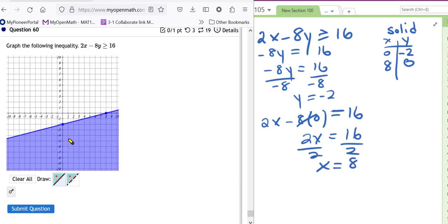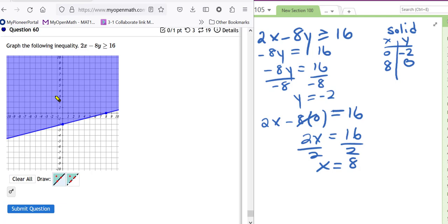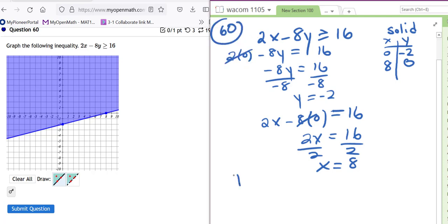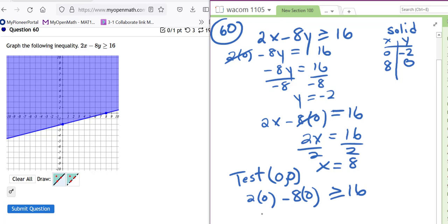Right, then I have to decide which side do I want to shade. All I'm doing is moving the mouse there. So you go back to the original and you do a test point. 0, 0 is good again because it's not on the line. All right, so we plug it in. 2 times 0 minus 8 times 0. Is this greater than or equal to 16? Well, this is 0 minus 0.